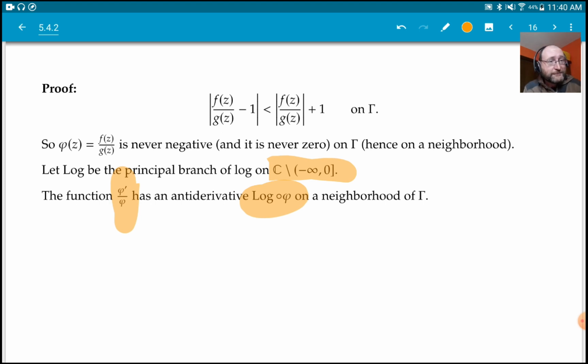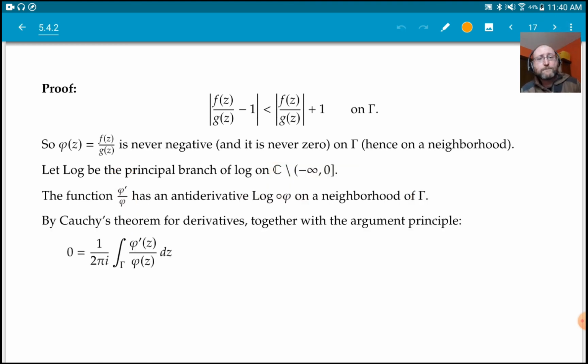an antiderivative, right? In some neighborhood of gamma, right? Maybe not everywhere, but in some neighborhood of gamma. All right. Well, that means we can now apply Cauchy's theorem for derivatives, right? I mean, it is a derivative after all, right? So, well, it's really, just take the antiderivative, apply it at the beginning and the end point. That's the same point, right? So you get 0, right?